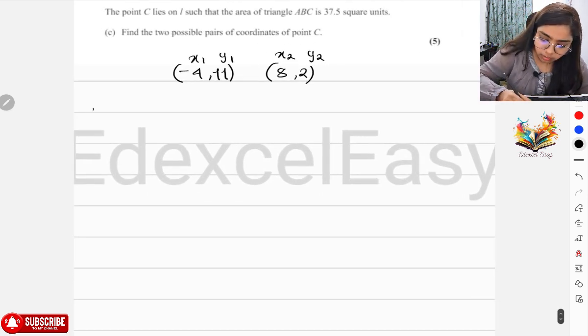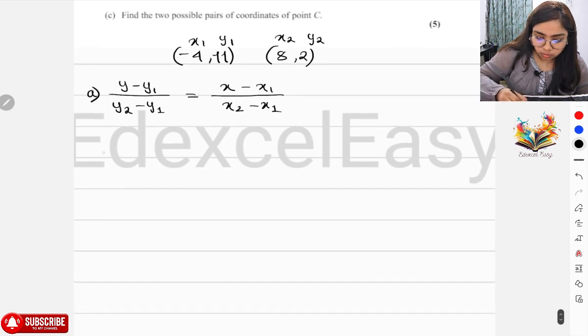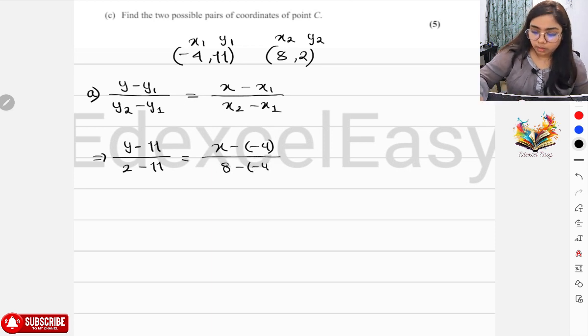Okay, so now for part A, I'll write the equation: y minus y1 over y2 minus y1, then x minus x1 over x2 minus x1, which is going to be y minus 11 over 2 minus 11, and then x minus 4 over 8 minus 4, right?